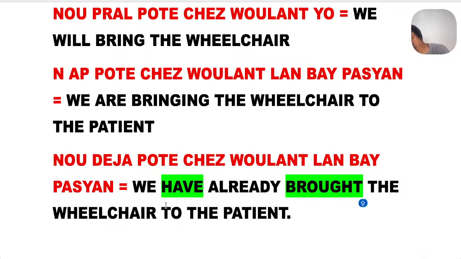OK? C'est li même là, c'est present perfect là qui t'a fait plus sens. Yes, we have already brought the wheelchair to the patient. Yeah, we have already done that. Ou bien yes, I have already brought the wheelchair to the patient. Yes, I have already done that.